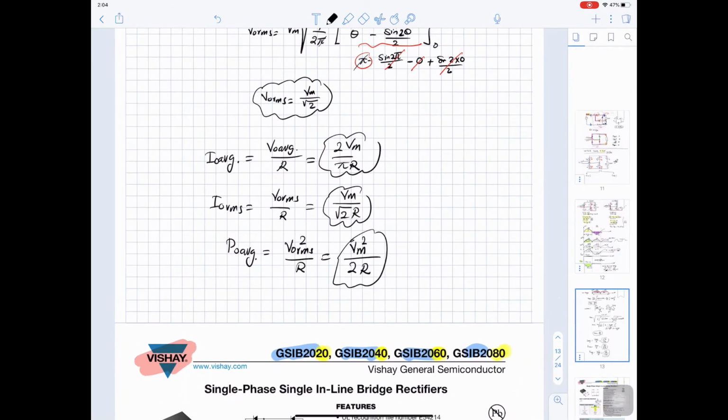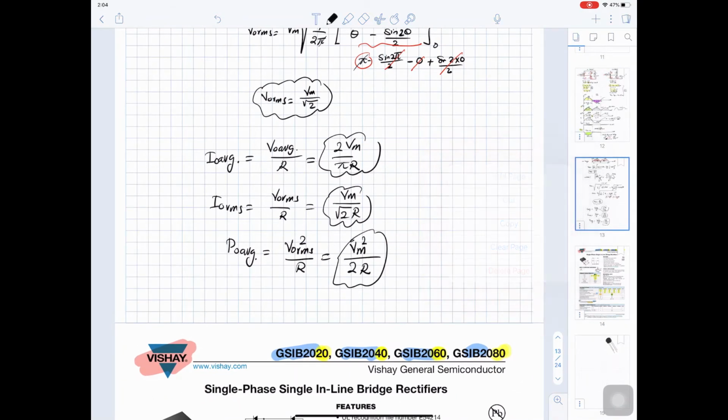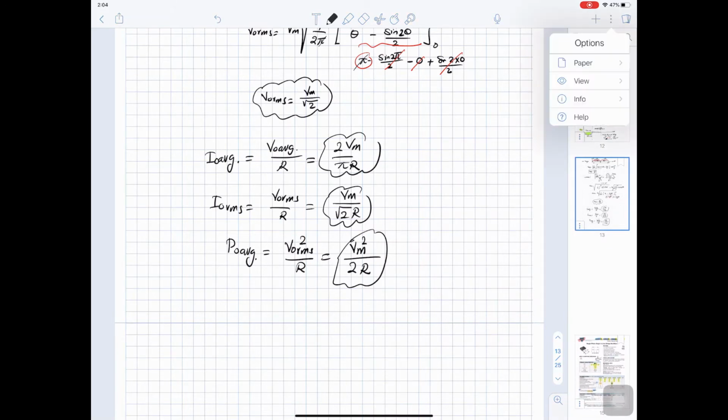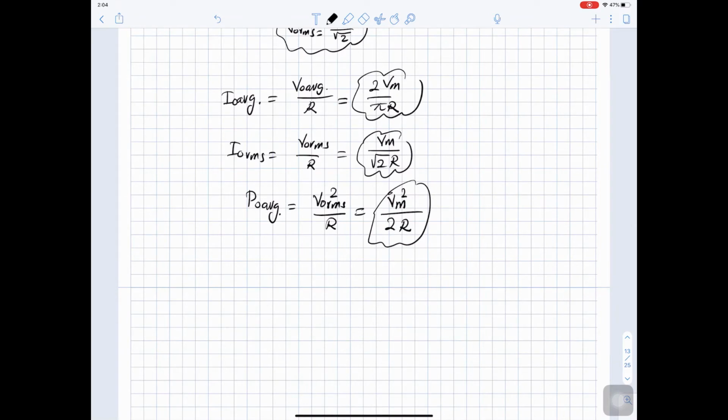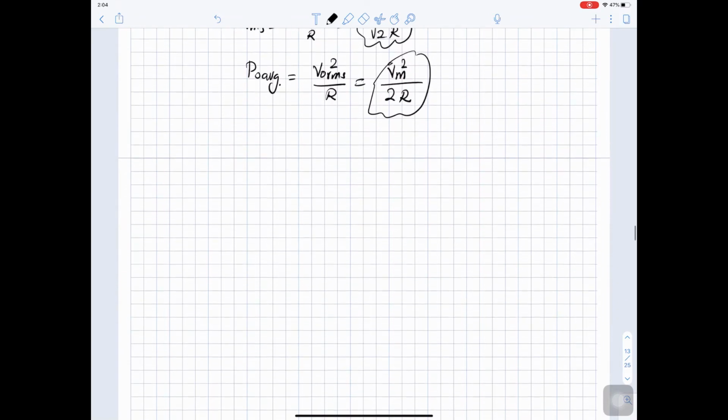So we got the peak inverse value, we got the average value, we got the RMS value for the voltage and for the current. Now we will see a very interesting note. This is very important. Now if you have your source here, this is an AC source.